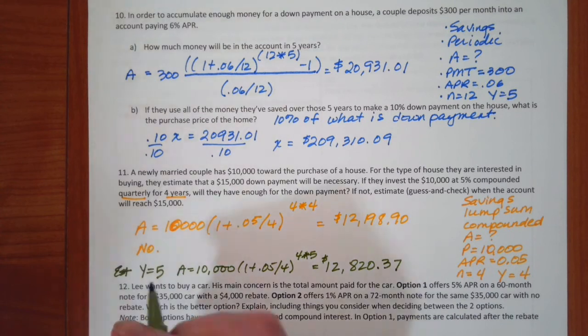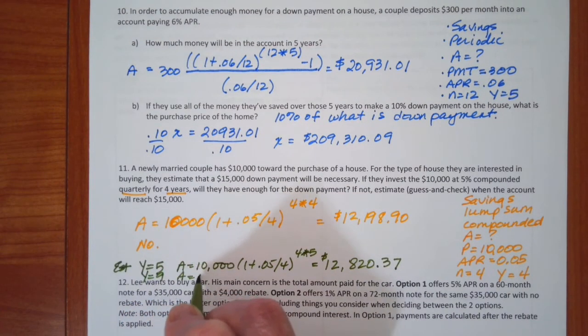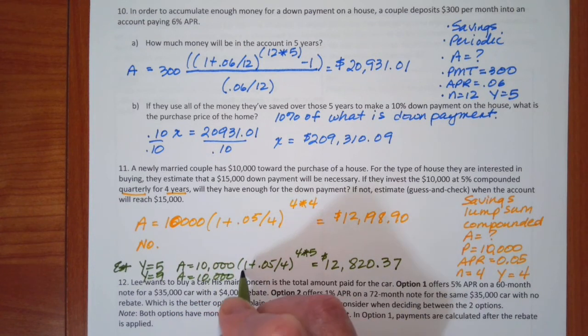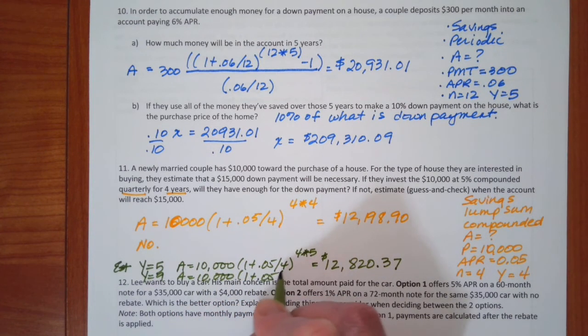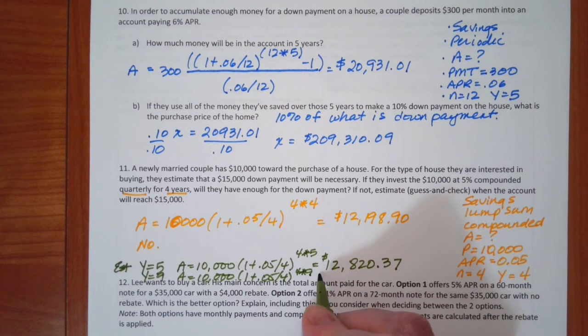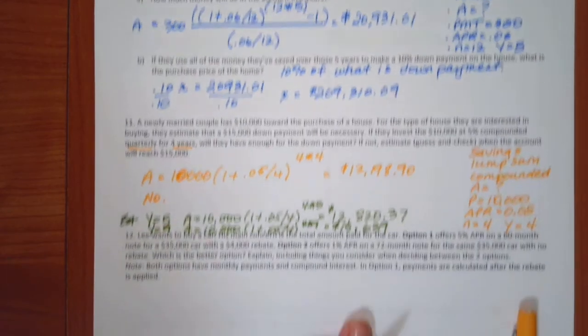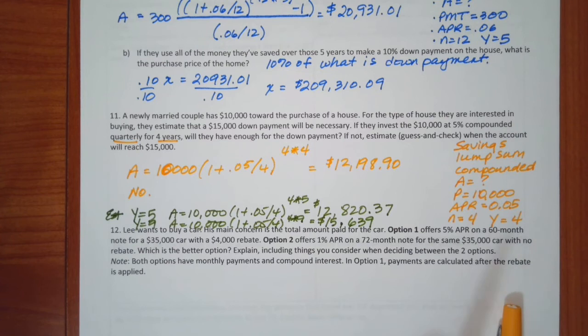So if y equals 9, A equals 10,000 times 1 plus 0.05 divided by 4 to the 4 times 9, and I get 15,639. So if they want to buy a house in 4 years, they're going to have to put more money in the bank.